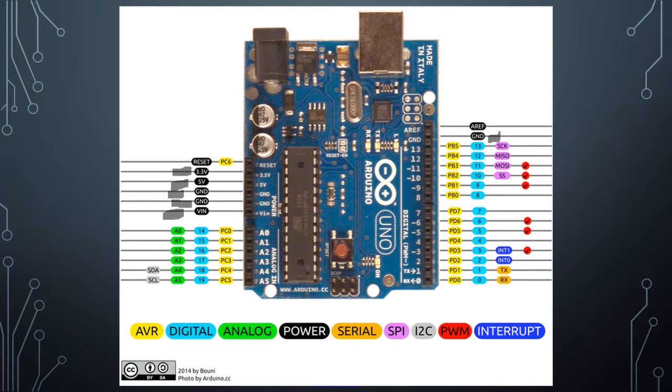Okay, now on to the very important items to pay attention to, your digital pins and analog pins. So we'll get into it more next week, but digital pins output either a high or a low signal. Analog pins can output a signal that's somewhere between high and low. So if you think of high as being 1 and low as being 0, digital pins are capable of outputting those.